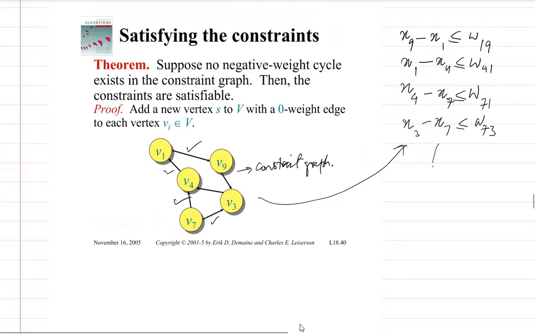Okay, let's say we add a new vertex s to V with a 0. For example, if I add a source over here, s, and I connect all these nodes, let me draw it with different colors.